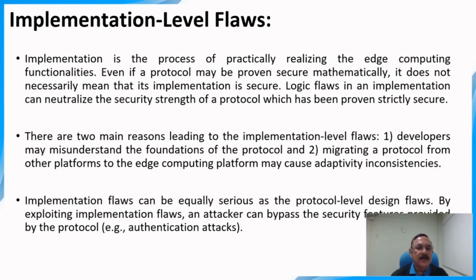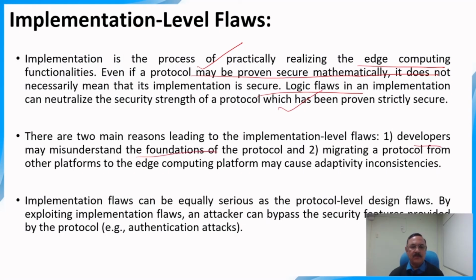Now, implementation-level flaws. Implementation is the process of practically realizing the edge computing functionalities. A protocol may be proven secure mathematically, but that does not necessarily mean the implementation is secure. Logical flaws in implementation can neutralize the security strength of a protocol. There are two main reasons leading to implementation flaws.